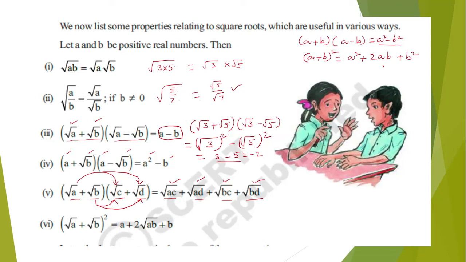Here root a whole square means a. 2ab means 2 root a into root b, that is 2 root ab. Plus in the place of b, we have root b, and root b into root b is b. So a plus 2 root ab plus b.